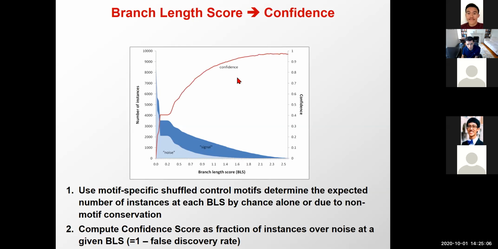So that's the confidence, which basically says that if I'm all the way here, 90% of my instances are from the signal and only 10% I would have expected from the noise. But if I'm all the way down here, I observe 3,500 instances. I would have expected 2,000 instances. That's basically suggesting that about 40% of them are actually real. So my confidence is only 40%.